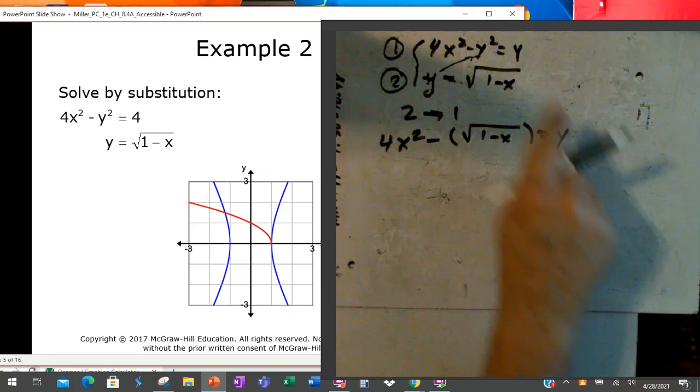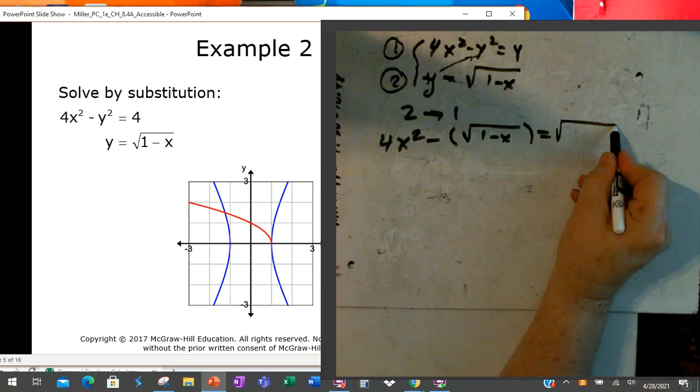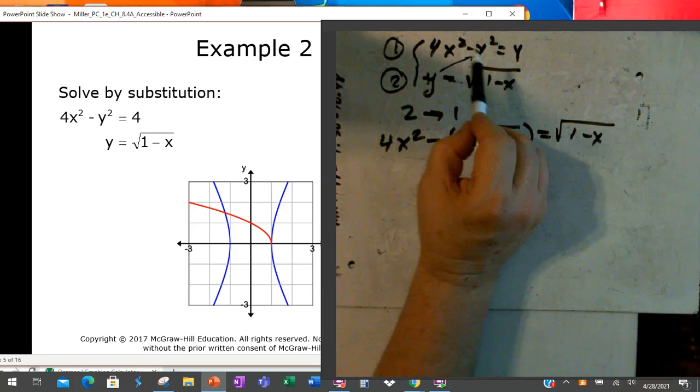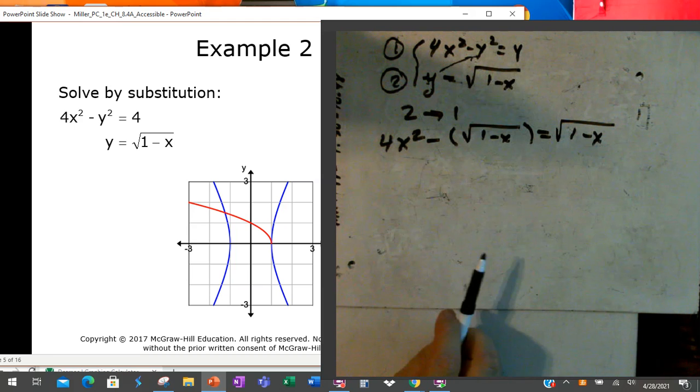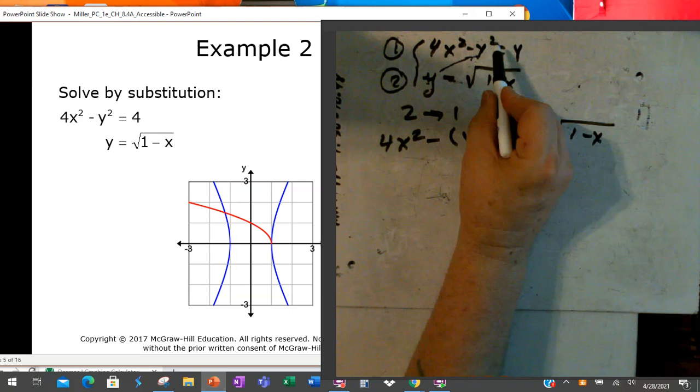And then the y over here is equal to the square root of 1 minus x. I want to get rid of all my y's, okay?